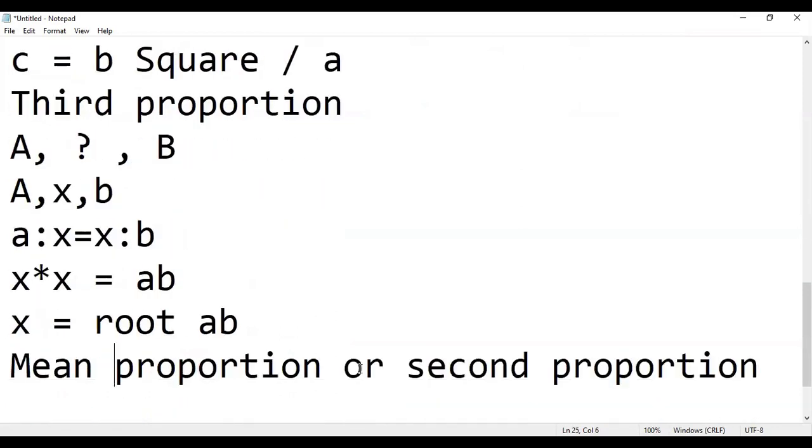And the last one, the mean proportion of A comma B is root AB.